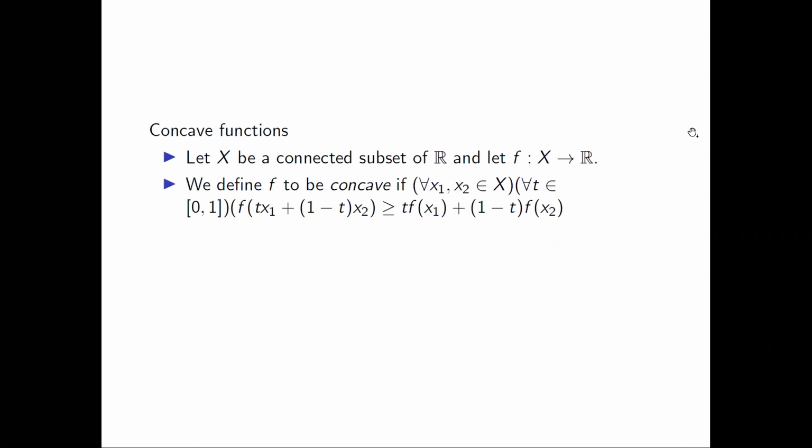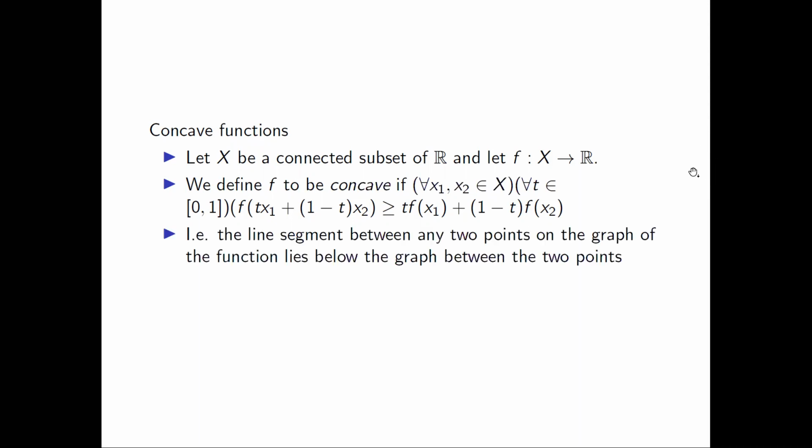And we'll define f to be concave if for all real numbers x1, x2 in X, and for all reals t in the closed interval from 0 to 1, we have f of (t times x1 plus (1 minus t) times x2) is greater than or equal to t times f of x1 plus (1 minus t) times f of x2. Notice here, this is almost the same definition we saw with convexity. It's just that the inequality flipped.